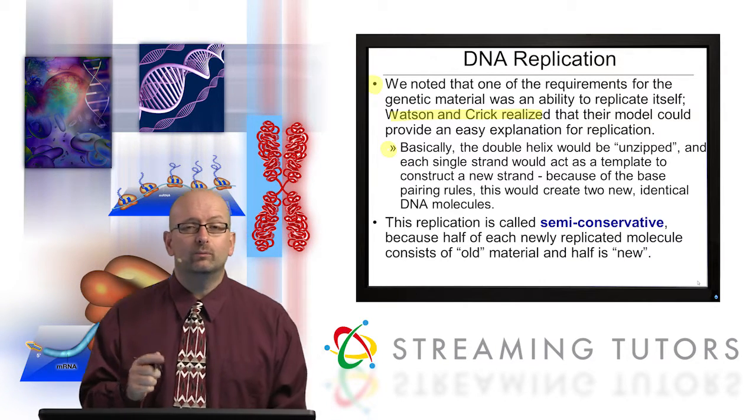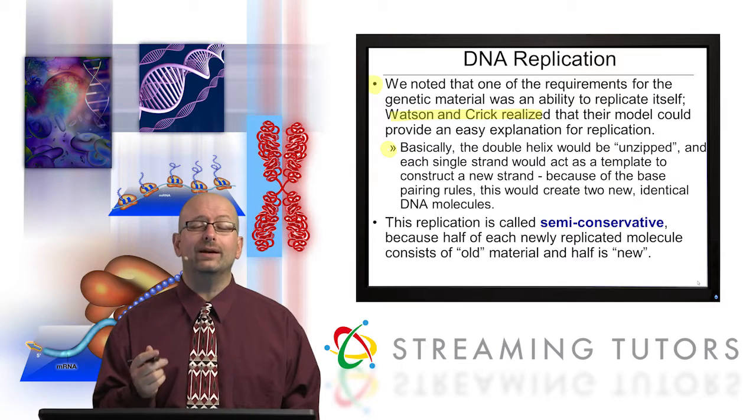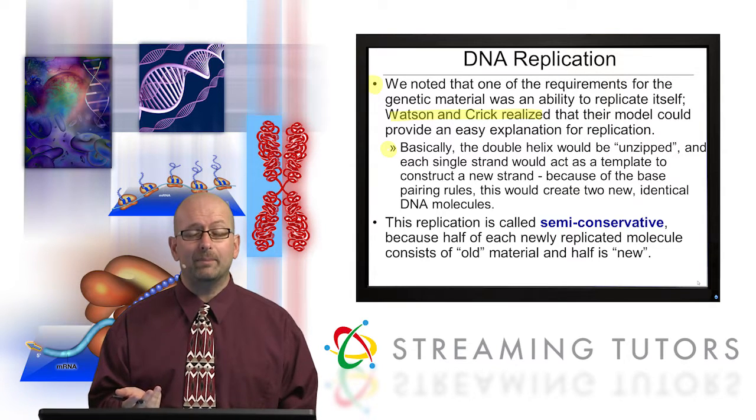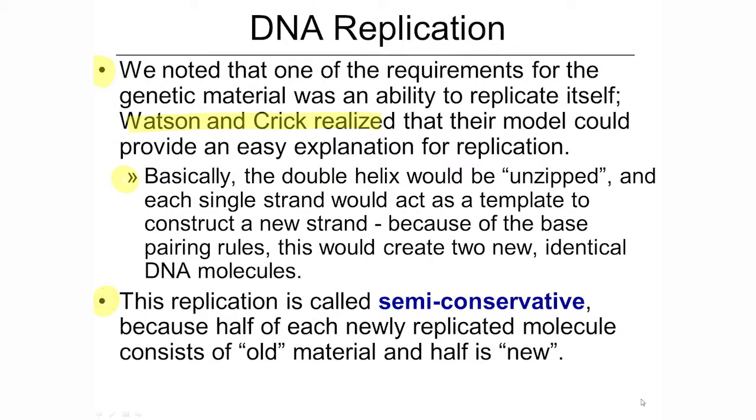Now, a term that we haven't talked about before is that they noted that if this is the way that it happens, this replication process would be called semi-conservative replication. Because, as we're going to see, in this model, half of each newly replicated molecule consists of the old or original material, and half of the material is new or newly synthesized.